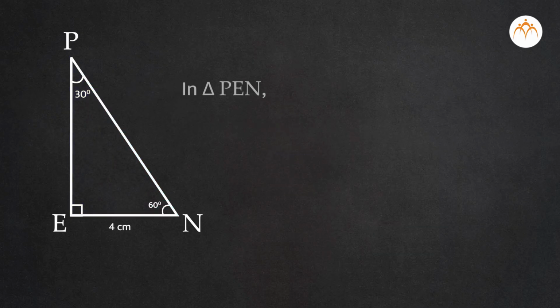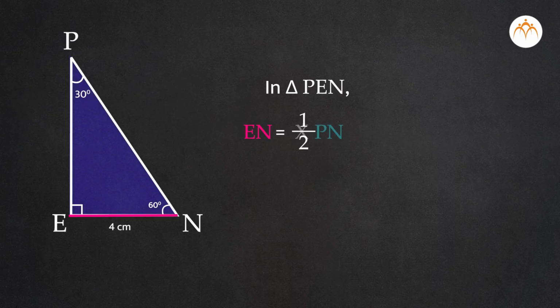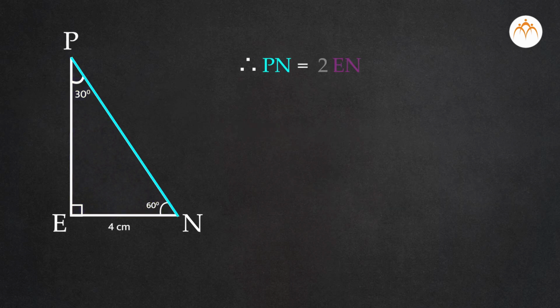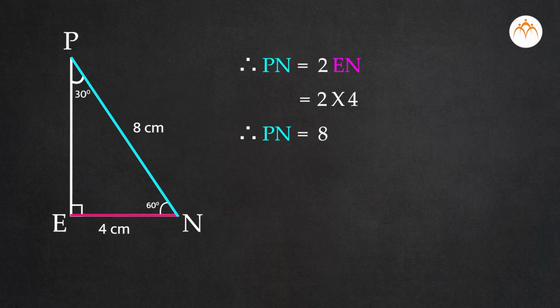Therefore, in triangle PEN, EN is equal to 1 upon 2 into PN because of the 30 degree, 60 degree, 90 degree property of triangle. PN is equal to 2 EN is equal to 2 into 4. Therefore, PN is equal to 8 centimeter.